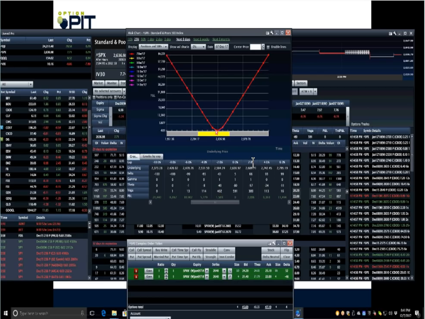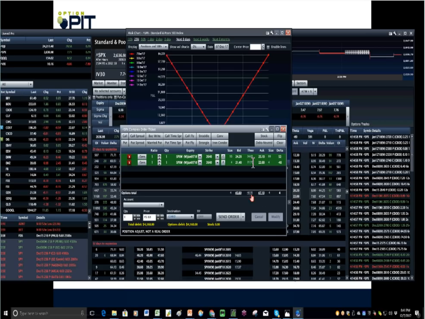So what you want to do is you just want to see some action. You want to see the underlying move a lot. So to the extent that this straddle changes price, and I have here 46.35, right? So if nothing's happening but this straddle's increasing, the cost of the options are going up. That makes VIX rise.